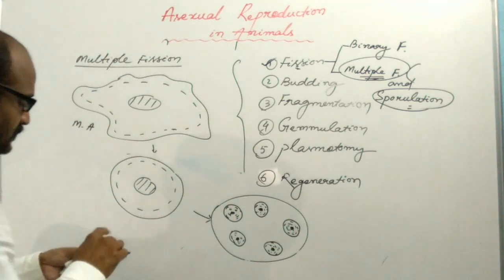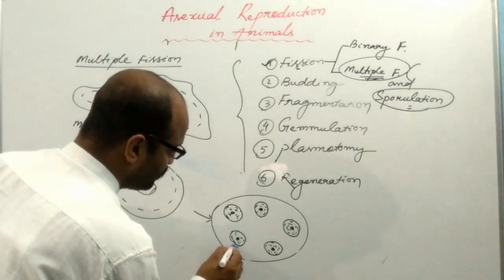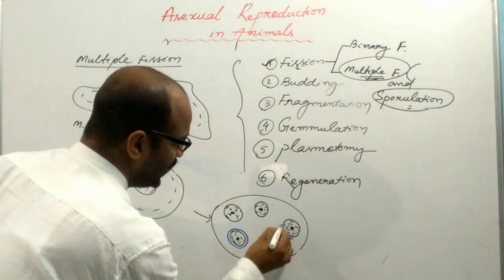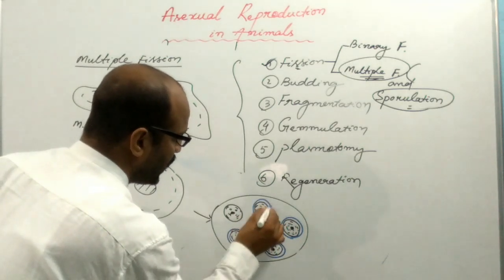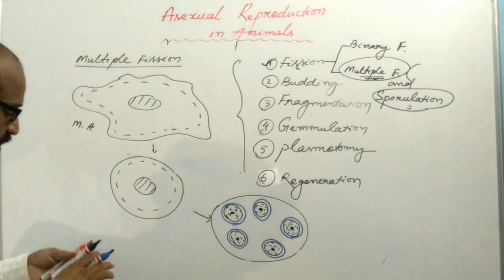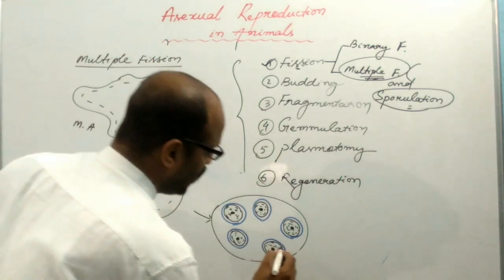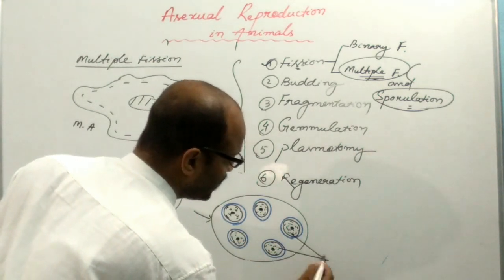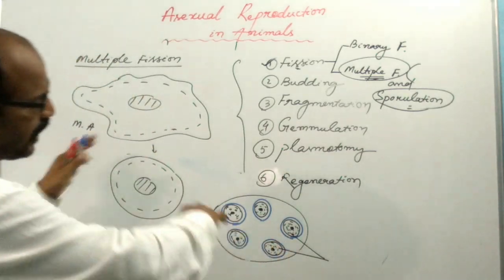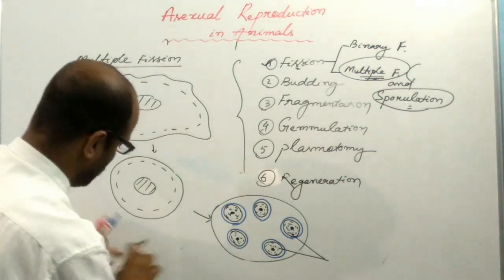Now a protective spore wall develops around each small amoeba, or amoebula. Plural, amoebulae. So these are the amoebulae, now surrounded by spore wall.